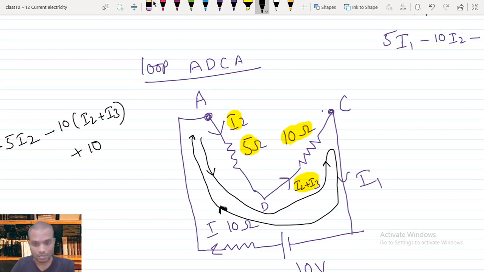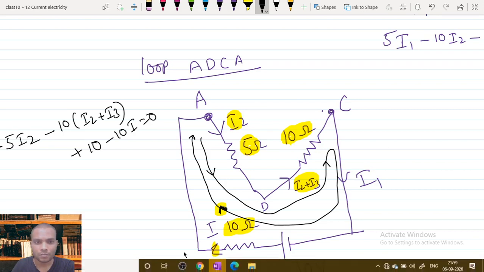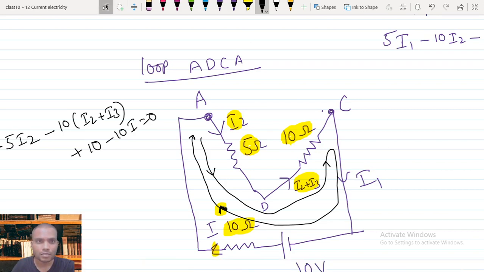And if I cross this 10 ohm resistance, my direction in the loop and current direction, they both are again same. Now here you can take that as negative. So here it is minus 10I, which is equal to 0. So let me write these equations properly as a single equation.